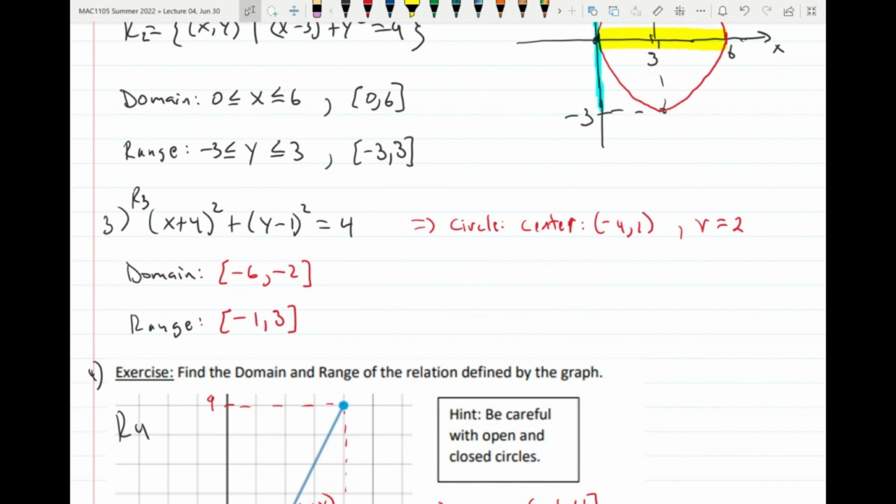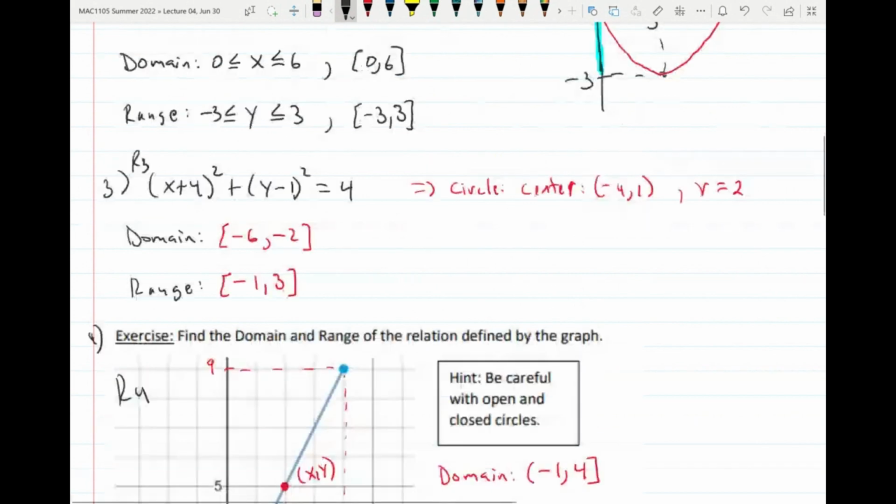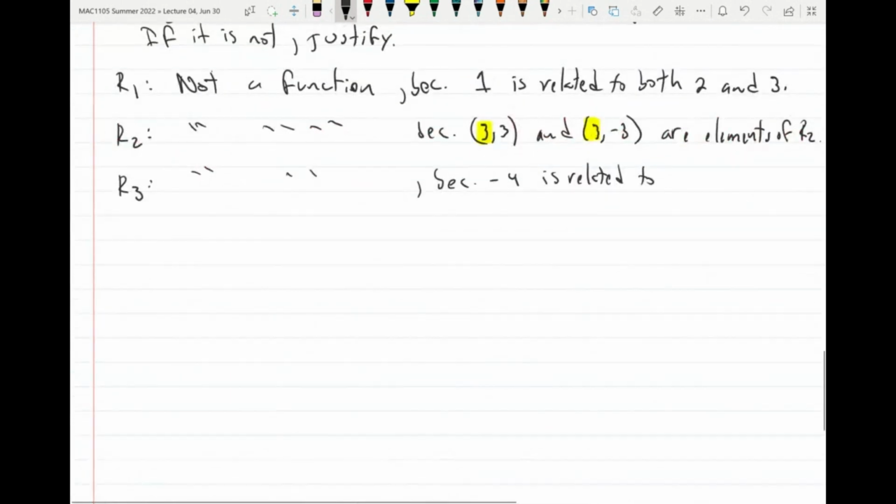So -4 is related to both -1 and 3. That's not good, right? So not a function because -4 is related to -1 and 3.